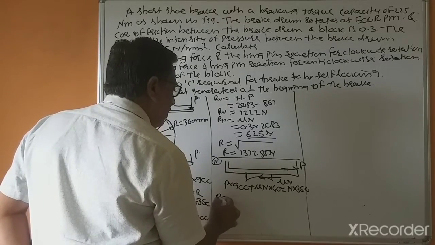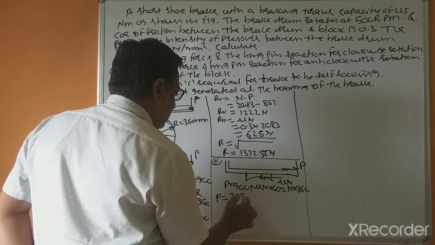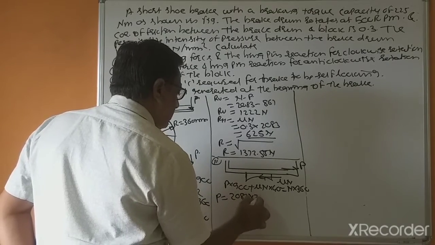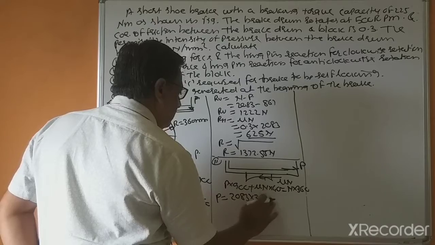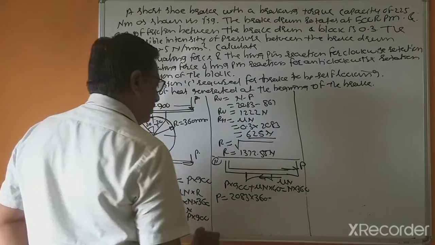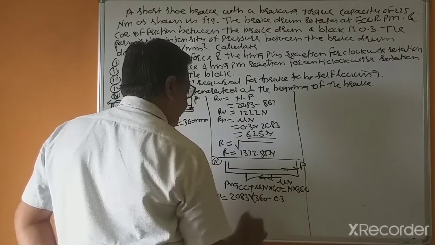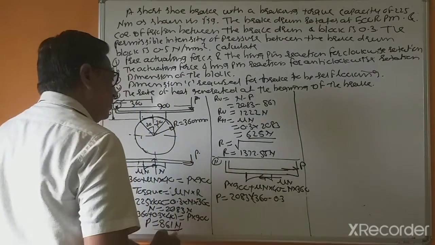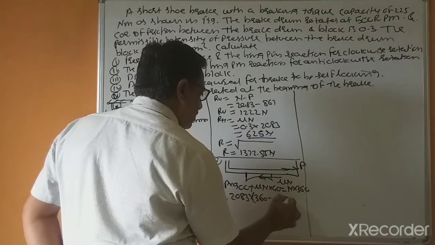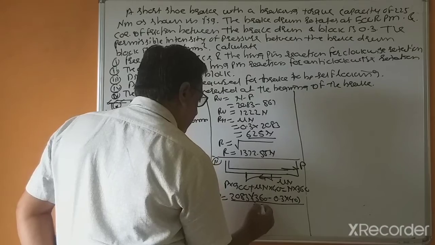So P equal to 2083 multiplied by 360 minus, otherwise directly, 0.3 into 40, divided by 900.